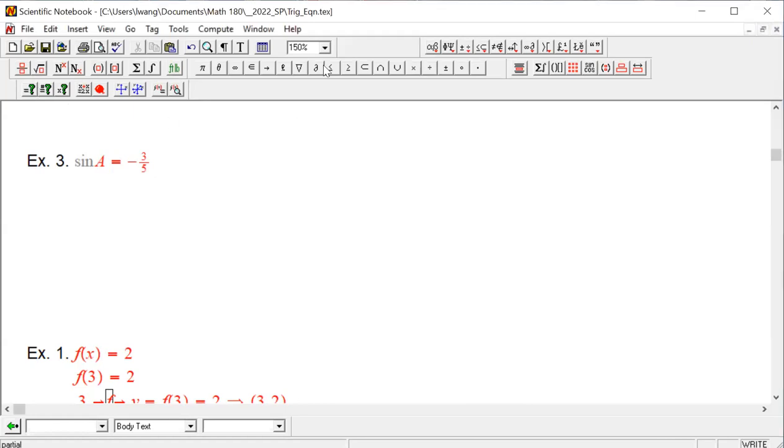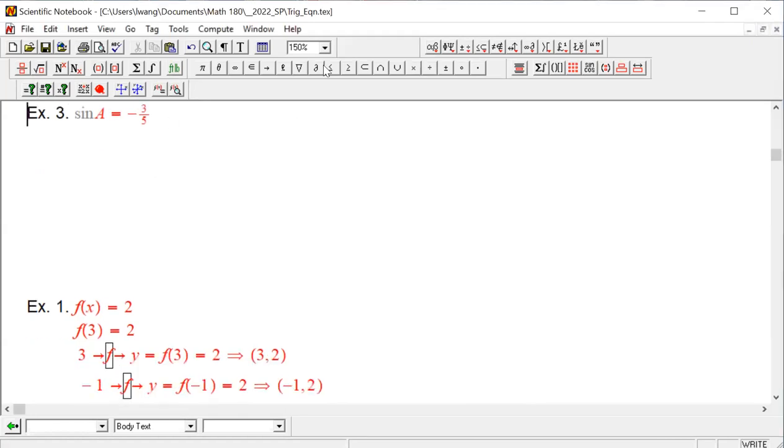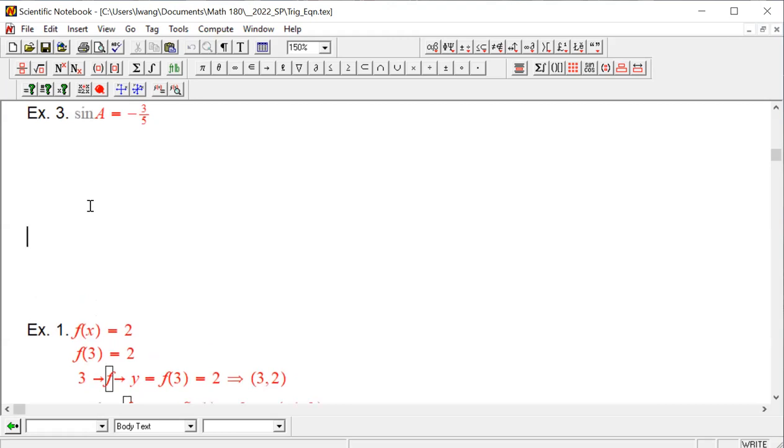Example number 3. We have a negative ratio. It's not a special one. In order for you to see better, actually, I'm going to move this as example number 4.